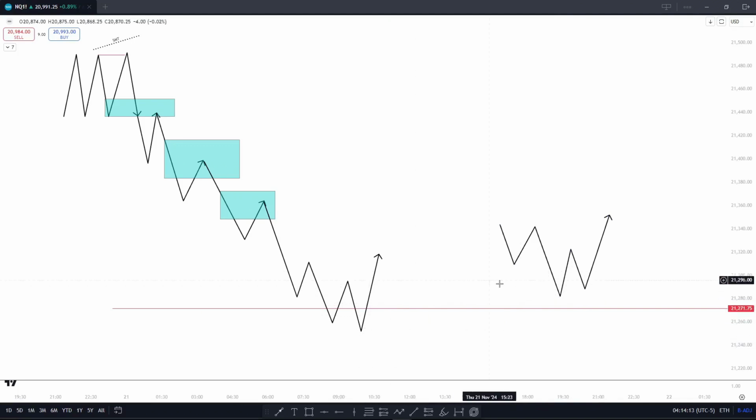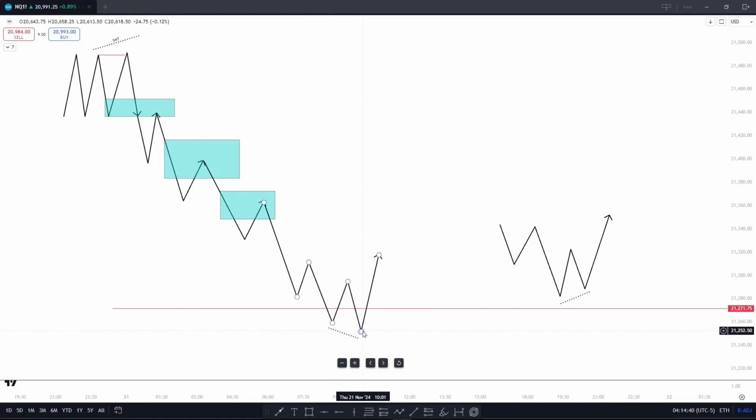This is what's framing my setup. Now, if you look at these lows right here, look what's happened. We formed SMT on these lows right here. This SMT is my confirmation SMT. This is my internal SMT.